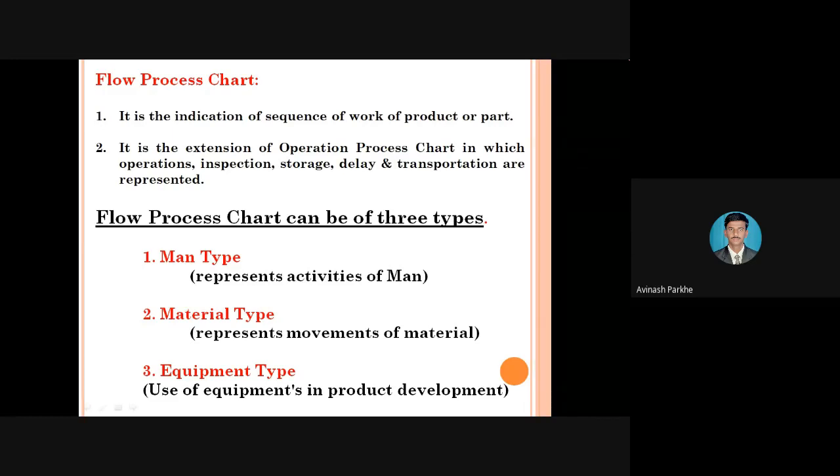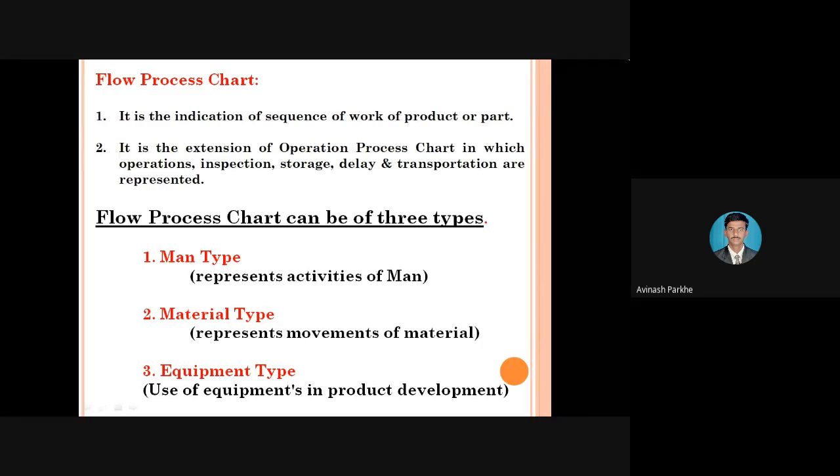So through this operation process chart you will get the overall picture of the process, meaning which types of operations are performed and which types of inspections are performed. Therefore, you will get information only on the number of operations performed and the type of inspection to be performed. That means you will get only an overall picture.